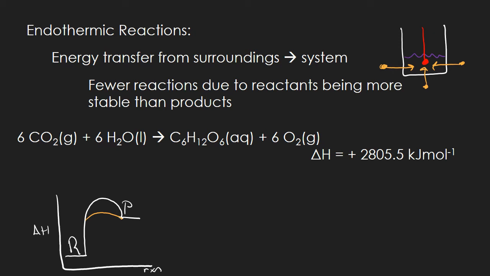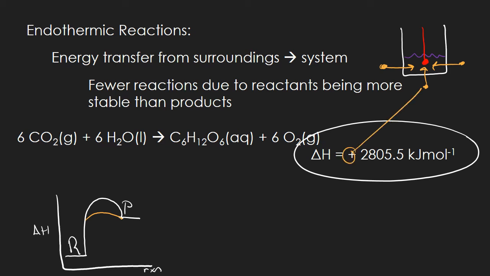Now, if you look at our delta H again, remember here's where energetics is lying, is over here with this value. Instead of a negative, we have a positive. That positive means that that energy is going into the system. Now you can see with this value, it's so much higher than methane. So you can see that this more complex compound C6H12O6 has much more stored energy than methane CH4.